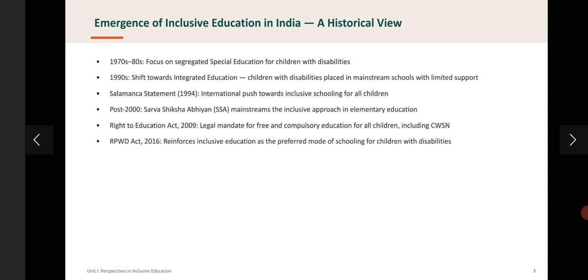Then in 1869, the first special school was opened in India with the support of the Church Missionary Society.